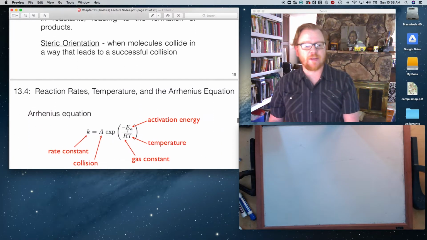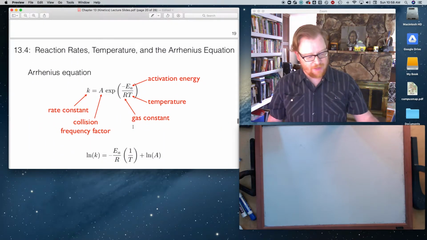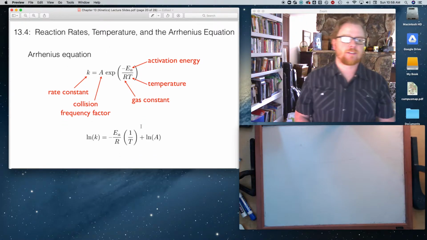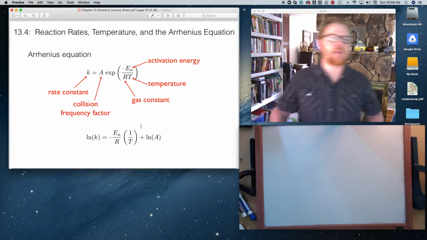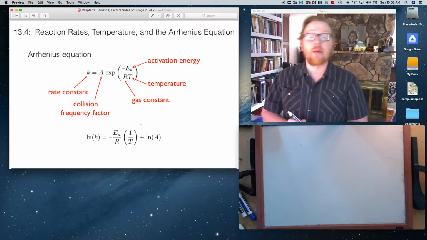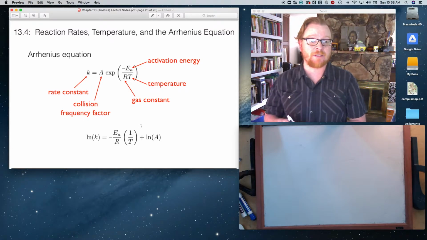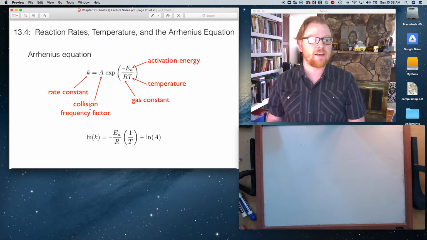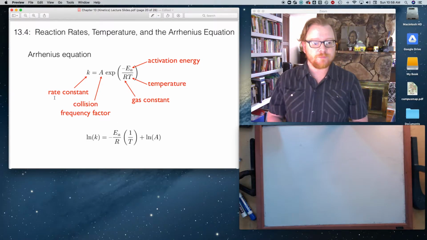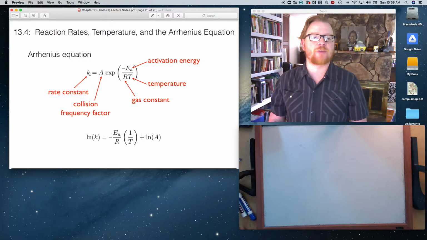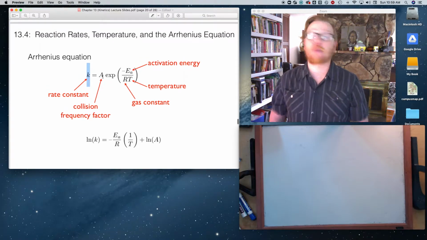Okay, so let's go and look at some equations that are going to help us discuss this. So this is the very famous Arrhenius equation. This actually got the very first Nobel Prize in chemistry in 1903, Svante Arrhenius. What this equation describes is a way of calculating a rate constant theoretically.